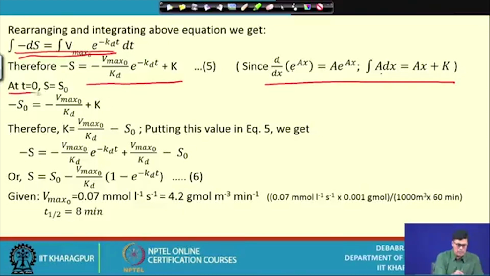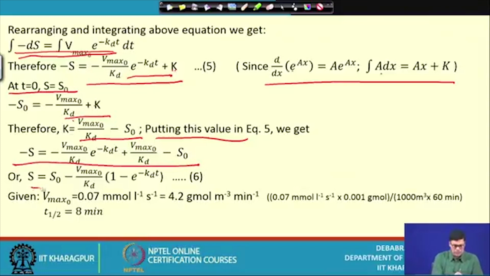Then with the boundary condition at t equal to 0, S equal to S0, we can put this in the equation and get the constant k. Putting this value in the equation, we can get the final equation, and we can modify it in this form.